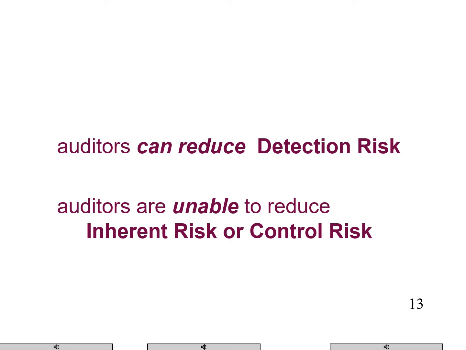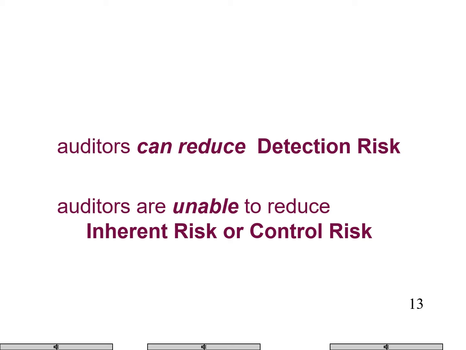Okay. Auditors are unable to reduce inherent risk or control risk. I would argue nobody can reduce an inherent risk. It's inherently risky. Control risk, the client controls with their control procedures, their internal controls. But the auditor cannot reduce control risk. The client either has effective controls or not before we get there.